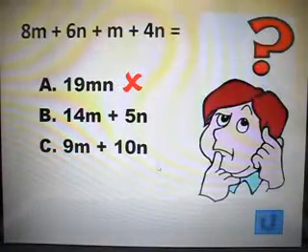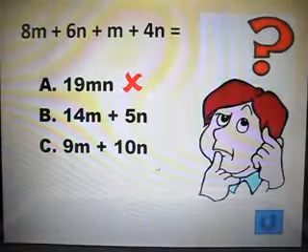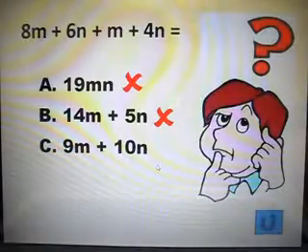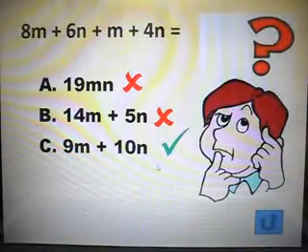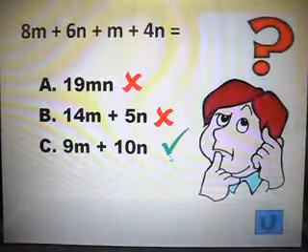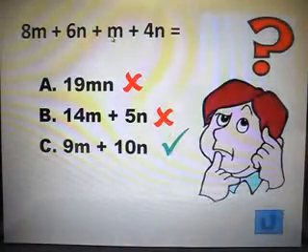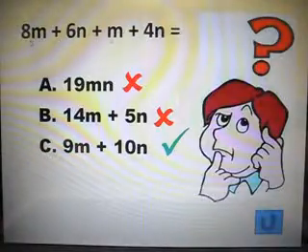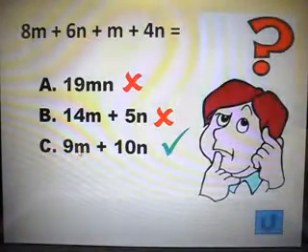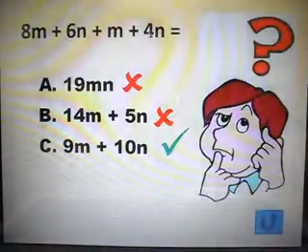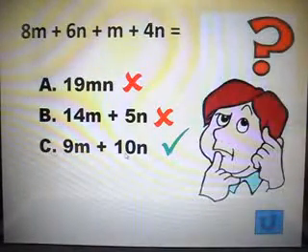So, the first answer is wrong. Second option is wrong as well. Those who choose the third answer will be correct. Why? Because 8m can only be added with m. So 8 plus 1 will be 9m, 6 plus 4 will be 10n.